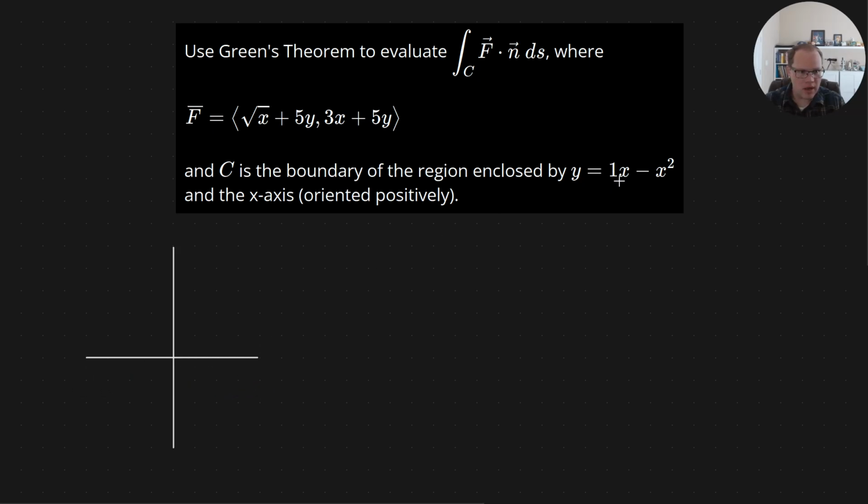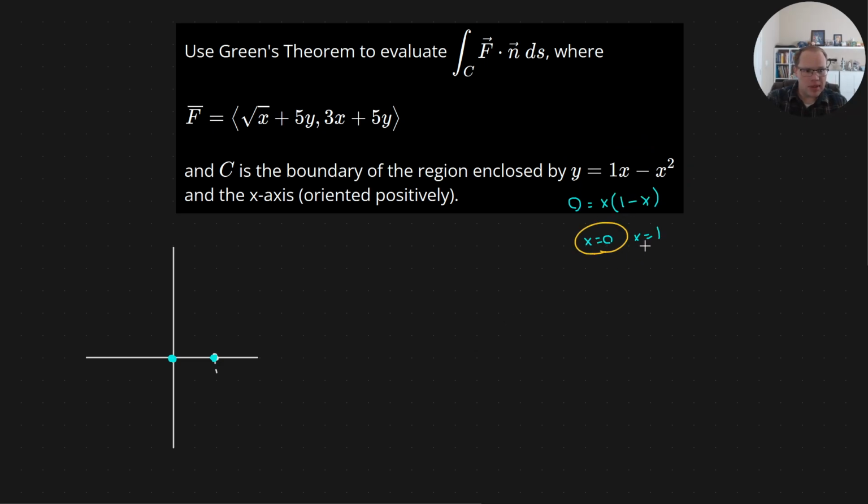So I have y equals x minus x squared. If I find the x-intercepts, I get x equals 0 and x equals 1. Let's put 1 right there. I know it's pointing downward, right? This is a parabola that opens downward.